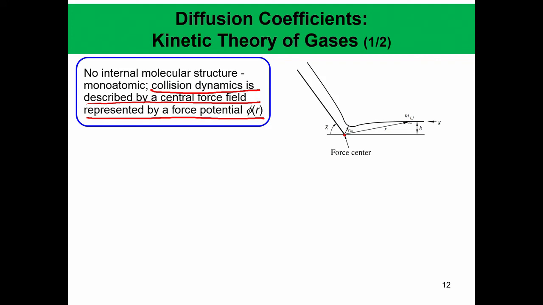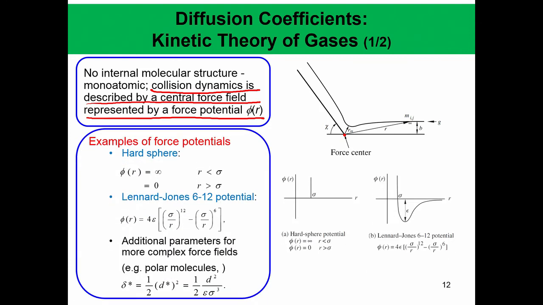We do not even need to consider the molecular structure, and then the force potential will describe how much collision can happen. As you all can understand, if we consider a hard sphere, it means that inside the sphere the potential goes to infinity, but outside the sphere there is no effect as such. So, only after the collision does the molecule respond. Before that, this molecule does not sense that another molecule is coming, but in reality that does not happen.